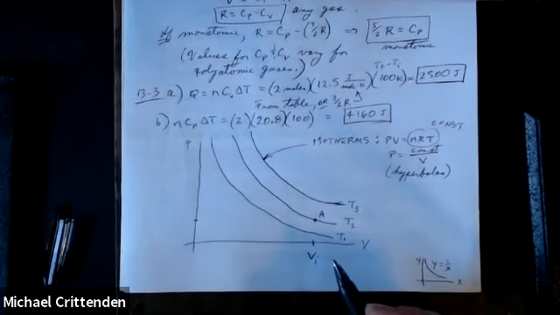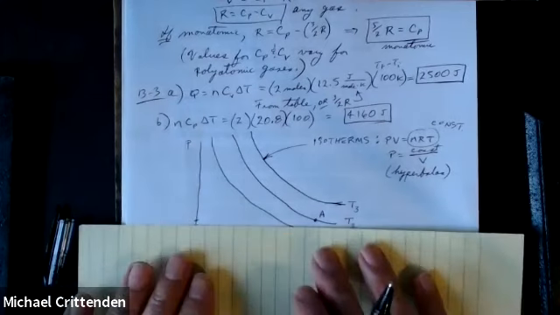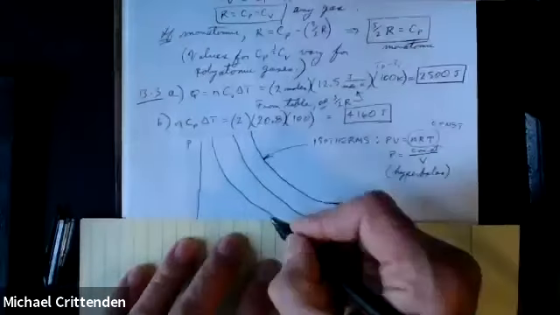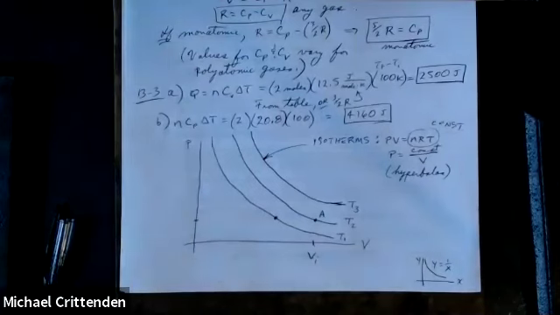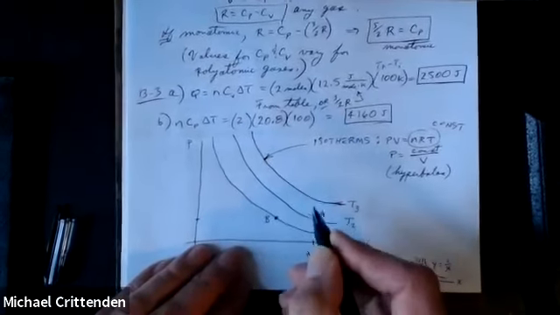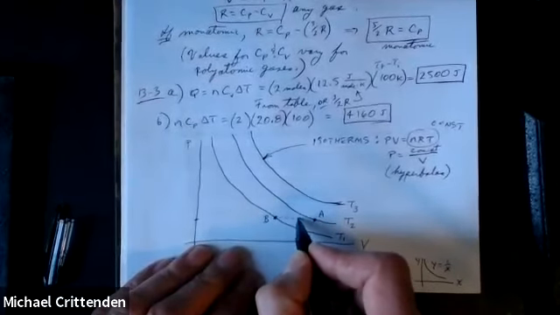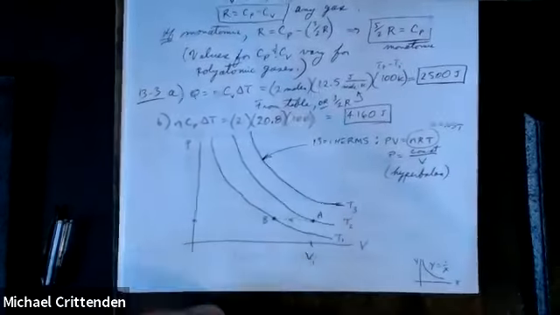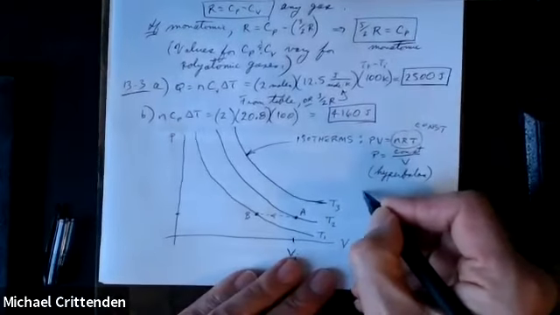Okay, you've got a constant pressure, you don't need any integrals, and so that would just be a horizontal line, which would take me to about here, I guess. So if that's point B, the state of the gas changes from A to B by following that path right there.